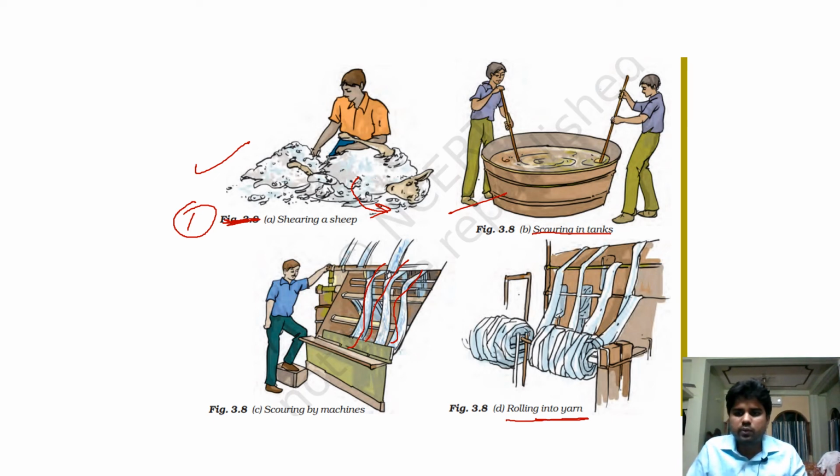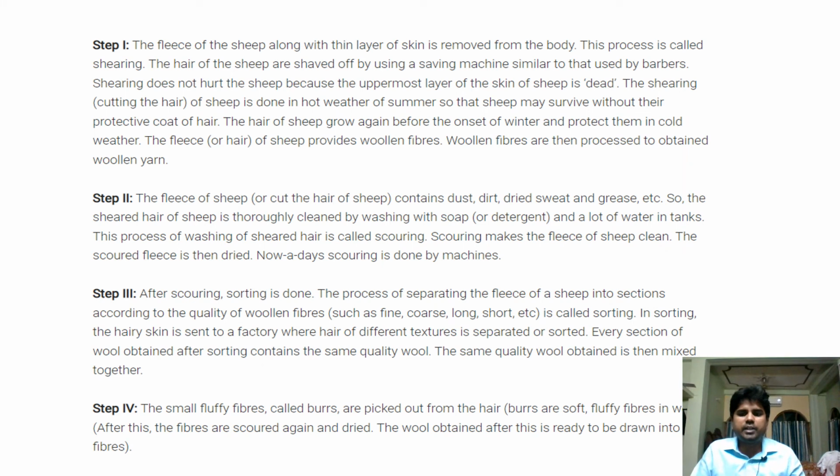Okay, so we will see each step in detail now. The fleece of the sheep along with a thin layer of the skin is removed from the body. This process is called shearing. Now see, the fleece of the sheep contains dust, dirt, dried sweat and grease.